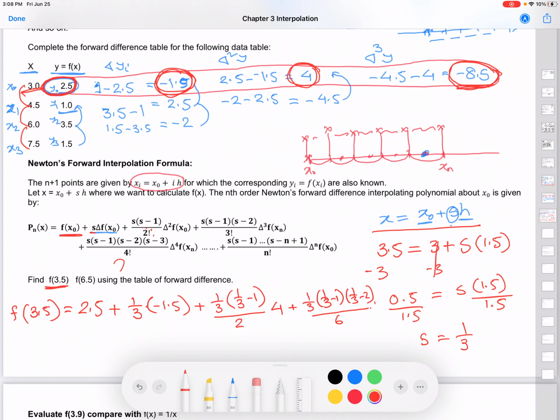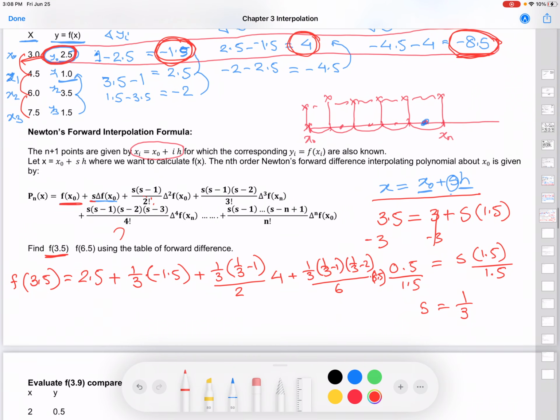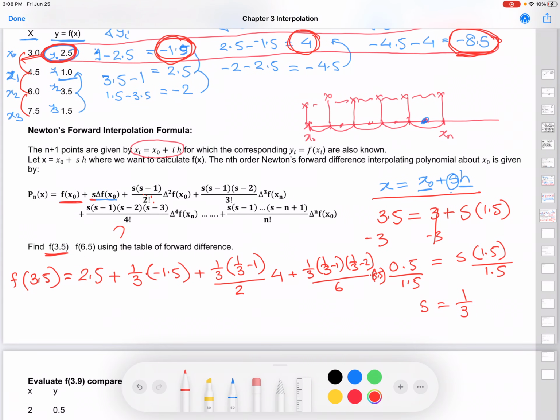So you just need to complete this calculation, and that will give you the value of the function when x is equal to 3.5.